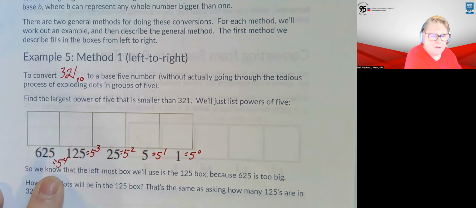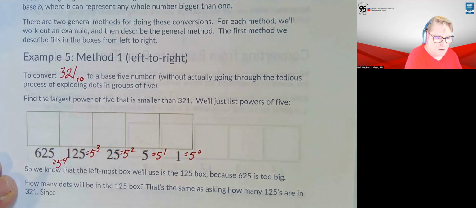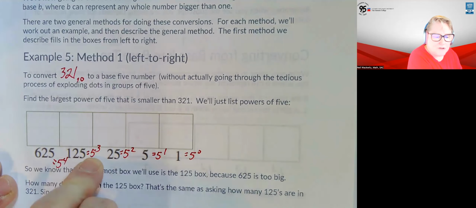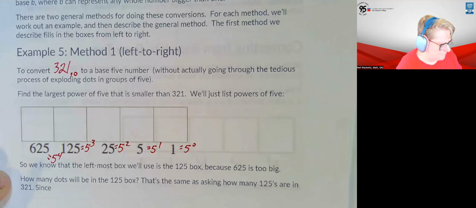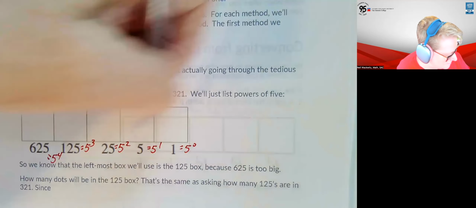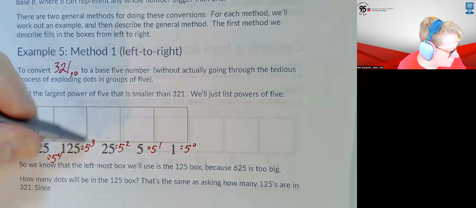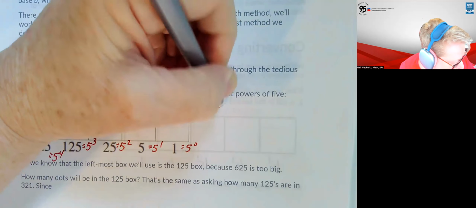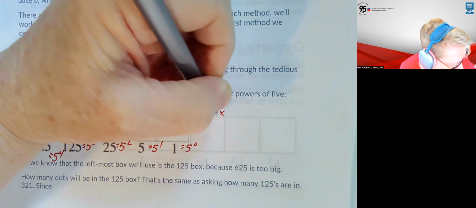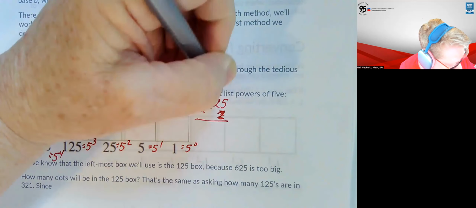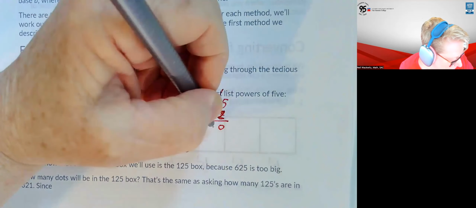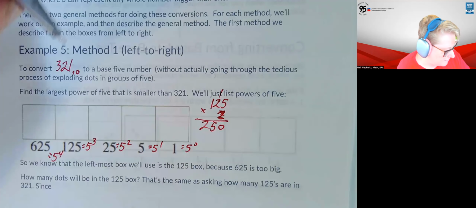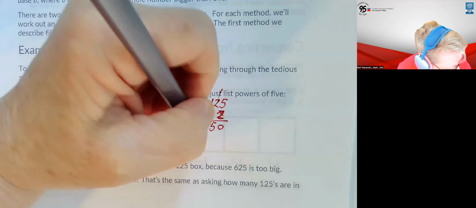So we have 0 5 to the fourths. But how many 5 to the third powers do we have? Let's see. If I multiply 5 to the third by 2, 125 times 2 is 250. Let's see if we can fit another 125 in here.